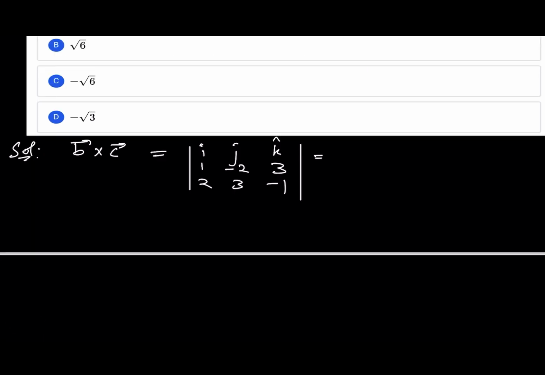So this will be i cap times 2 minus 9, minus j cap times minus 1 minus 6, plus k cap times 3 plus 4.